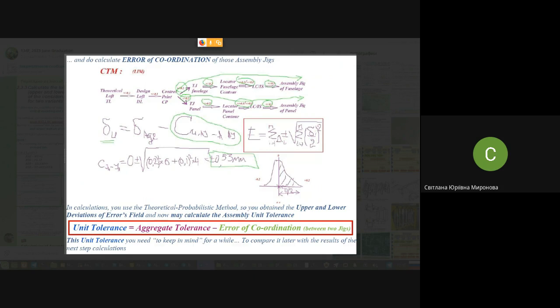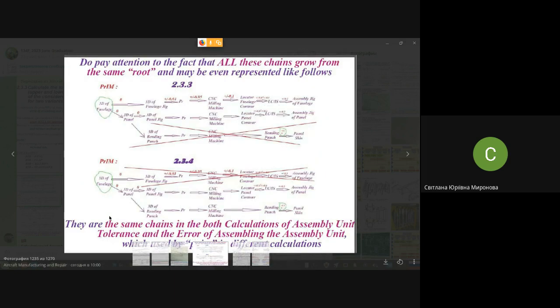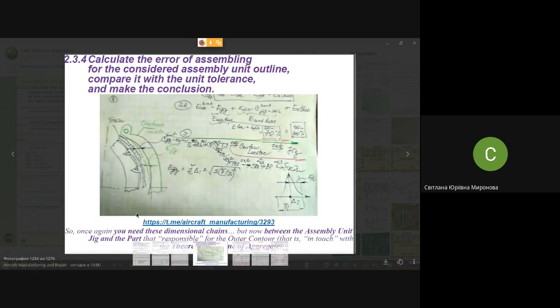Now you know what the tolerance should be, and the next step is calculating the accuracy of assembling itself. So you're calculating assembly errors. Once again, how to calculate assembly errors? Considering that we have one or another method of assembling. Here you see the slide, method of assembling by scheme.